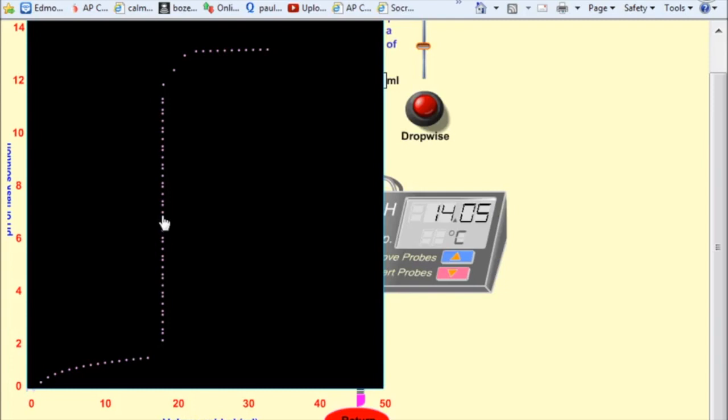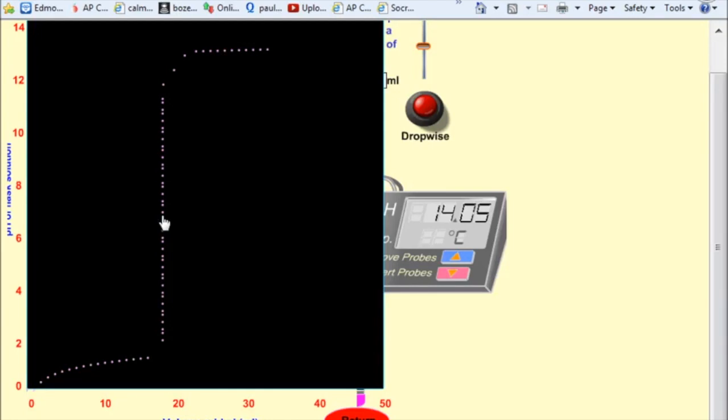Last time we said the equivalence point is the point where the number of moles of hydrogen ion from the acid equals the number of moles of hydroxide ion from the base. This is the equivalence point. The end point is the point where you have a change in color in the indicator.